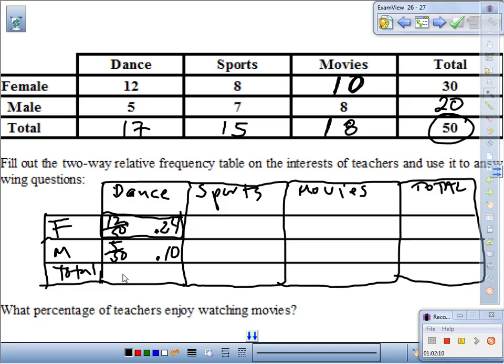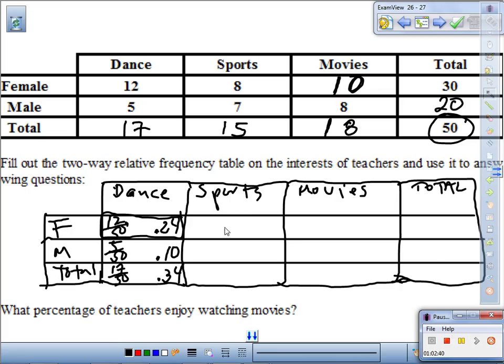What do we do with the total? Very good, 17 over 50, which is 0.34. Yeah, they should add up to that decimal. Continue filling it in. I'll wait for you guys. I'll give you some time. I'll pause this for a little bit.